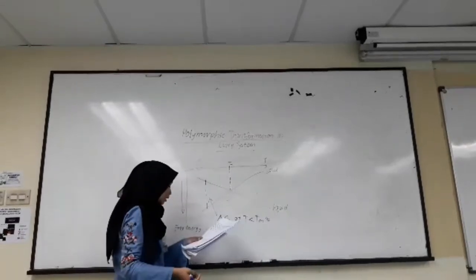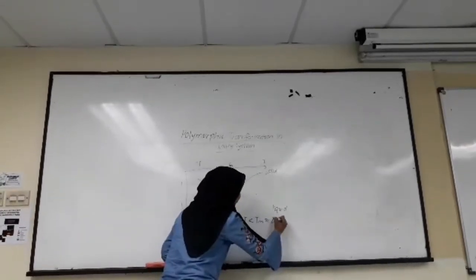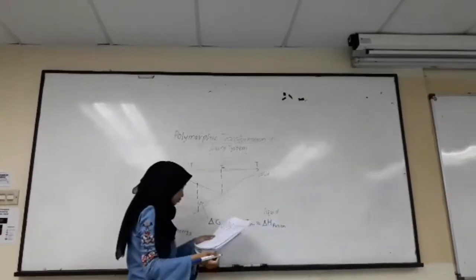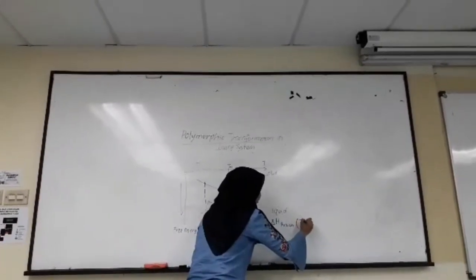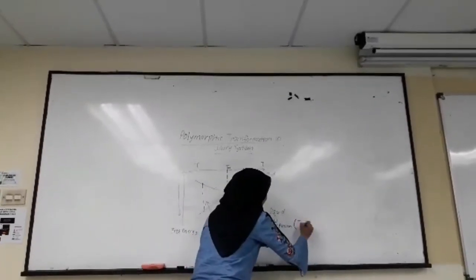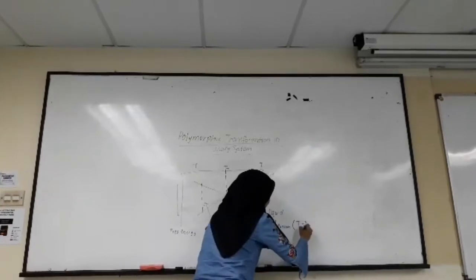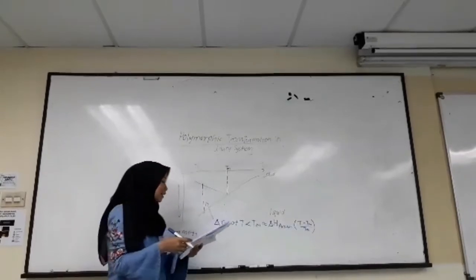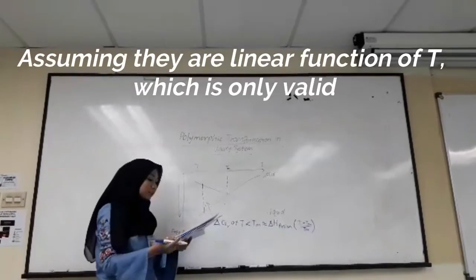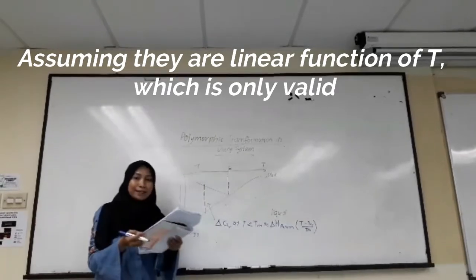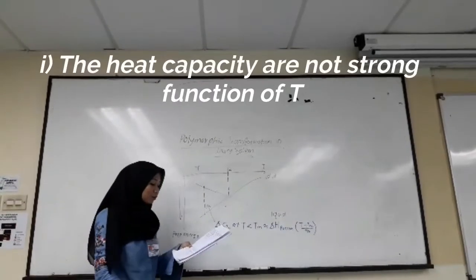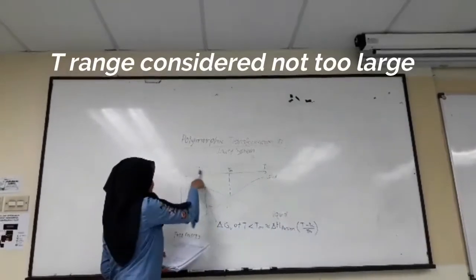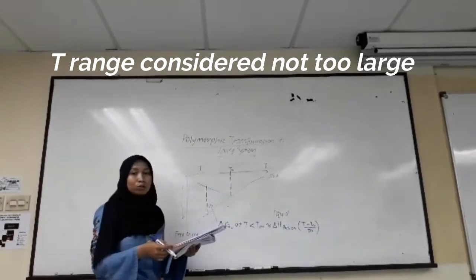Approximately, it is the same as the heat of fusion times T minus Tm over Tm, the melting point. Assuming they are linear functions of T, which is only valid if the heat capacities are not strong functions of T and the T range considered is not too large.